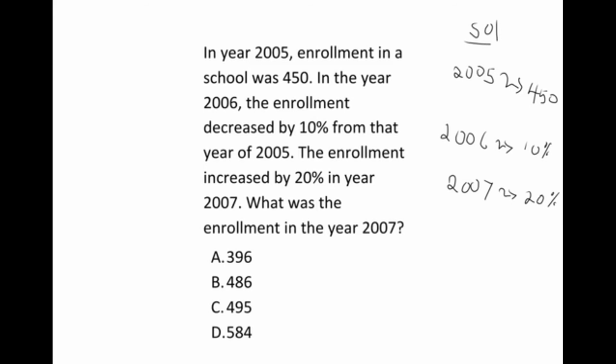First, we get to know the number of pupils, or in other terms, the enrollment in the year 2006. If in the year 2005, the enrollment was 450. In the year 2006, the enrollment decreased by 10%.